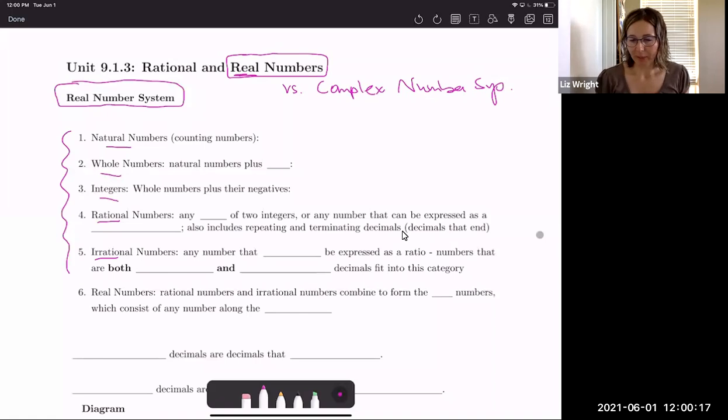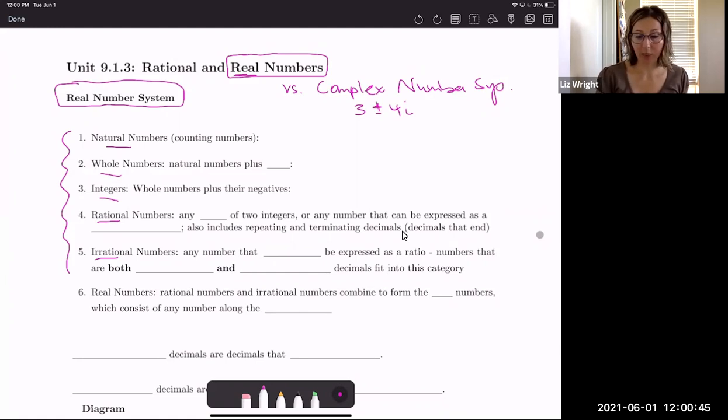For an example, if we had an i in our answer, like 3 plus or minus 4i, this would be what's called an imaginary number. Again, I hate the terminology there because it's not like a made up figment of our imagination. It's just part of the term they came up with for it to be part of the complex number system. It's a pretty cool system, but we unfortunately don't get to talk too much about it.